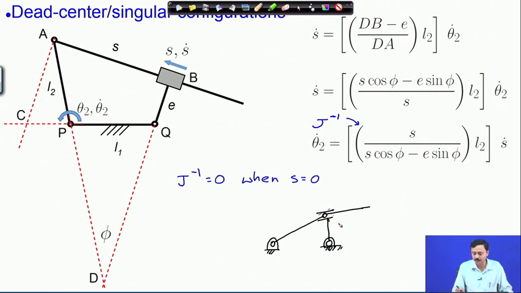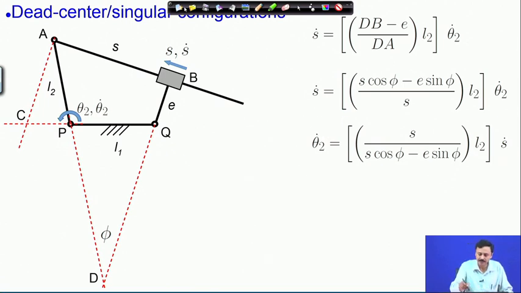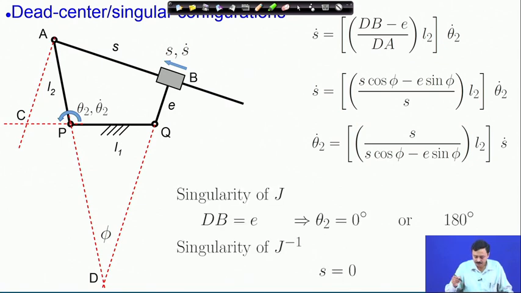So, here S is equal to 0 and that is a singularity where theta 2 vanishes irrespective of value of S dot. So, these are the two singular configurations which I have written out for you.